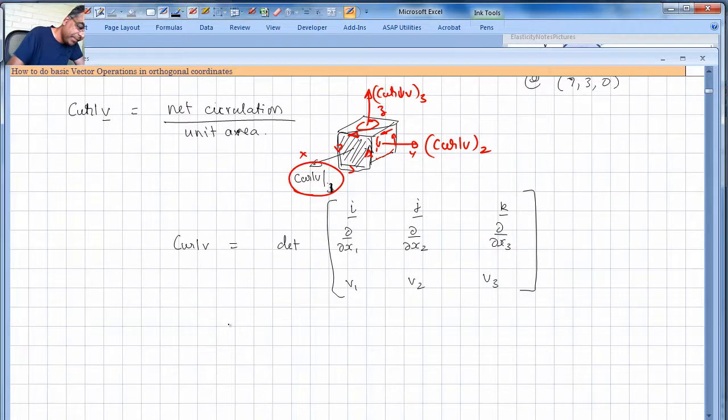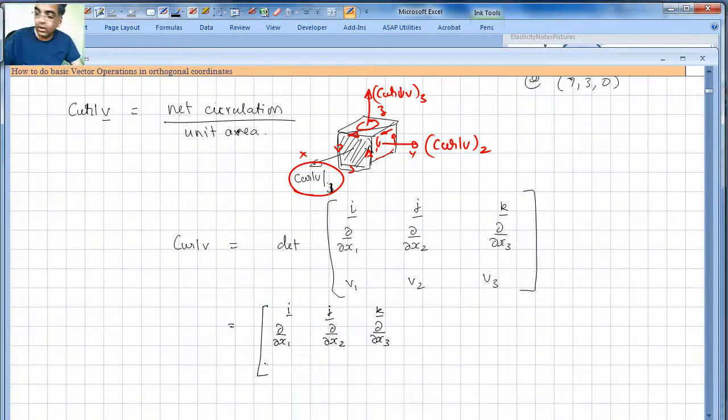So in our case, this is I, J, K, partial with respect to x1, partial with respect to x2, partial with respect to x3, and then we have, you remember our vector, it was 6 x1 x2, and then we had 7 x1 squared x3 squared, and then the last one was 8 x1 x2 x3.